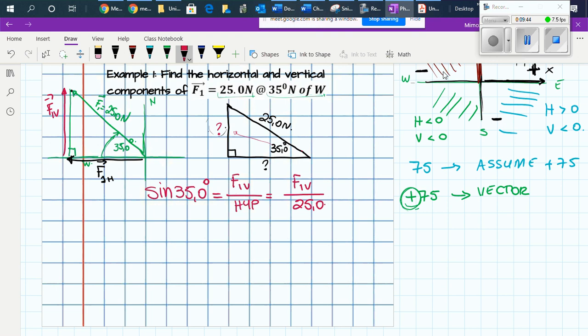Now, how can you solve for this? This is simple math now. The vertical component of this vector will be 25 times sine 35, and using your calculator, making sure that the mode of your calculator is on degrees, you will find 14 point, and the calculator is giving you a long decimal.